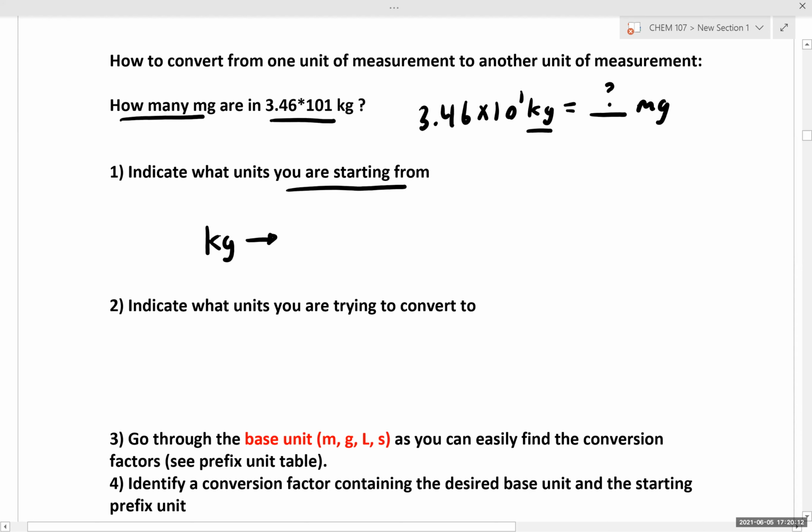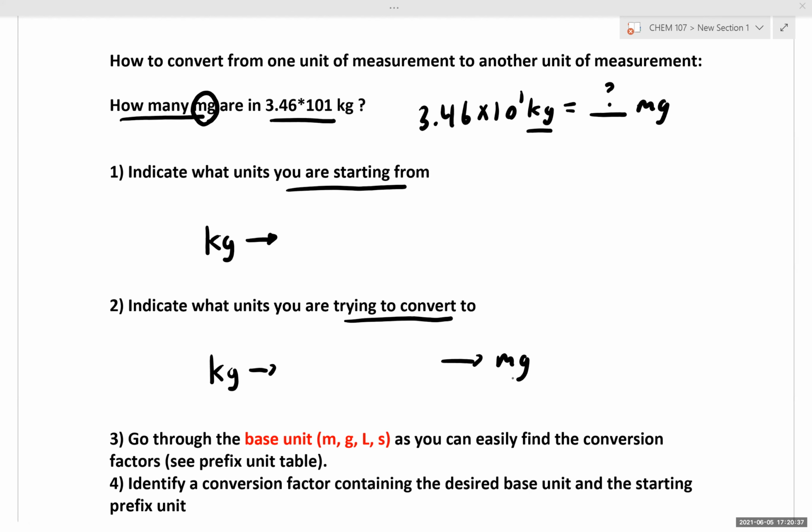Okay, this is the start of our unit conversion map. We're then going to indicate what units we are trying to convert to. So we want to go from kilograms, and the problem is asking for milligrams. Now, it's generally tricky to go from prefix unit to prefix unit.